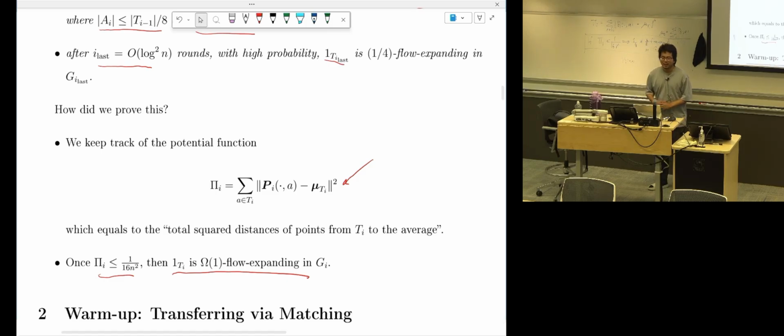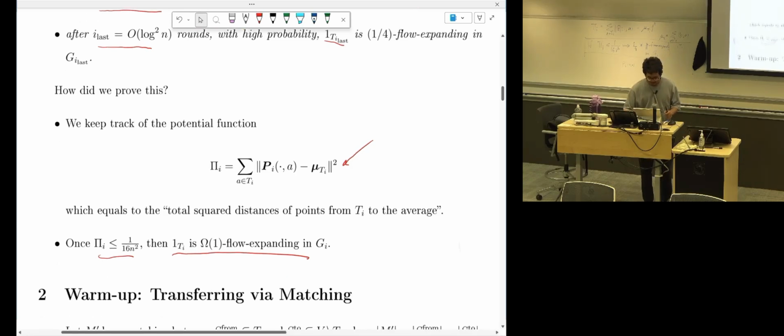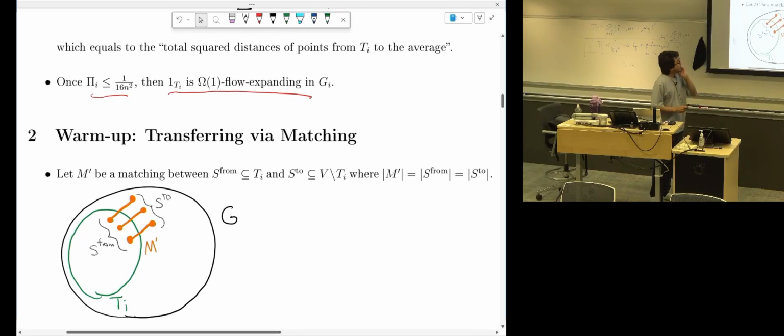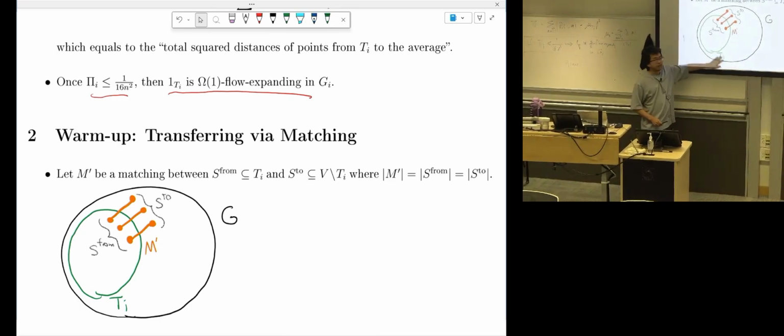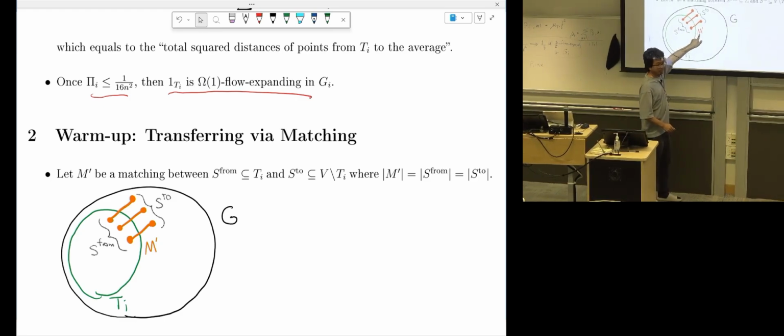Now I'm going to start talking about the transfer vector operation. Imagine that I have the active set Ti so far, like here. Then I look at this matching M prime, where one side of M prime is inside Ti and another side is outside.